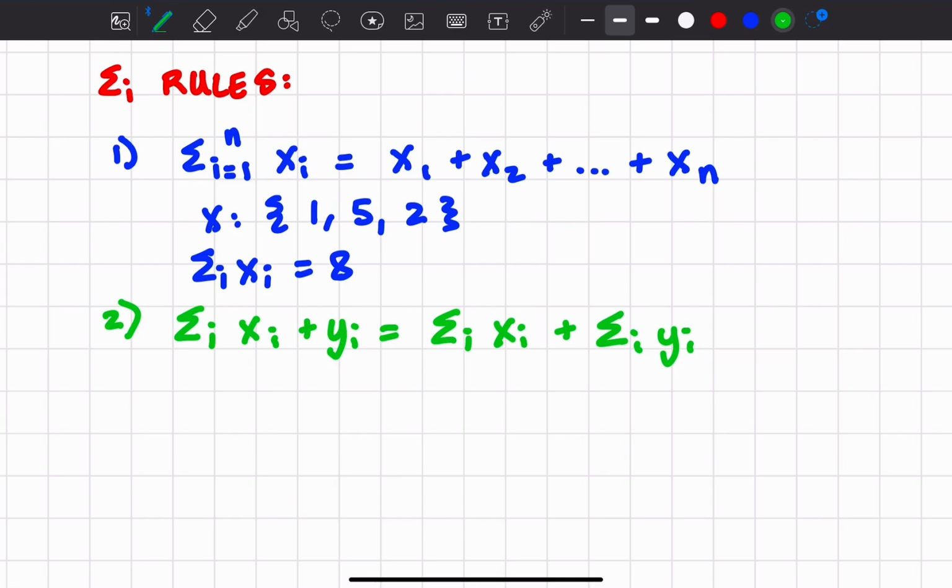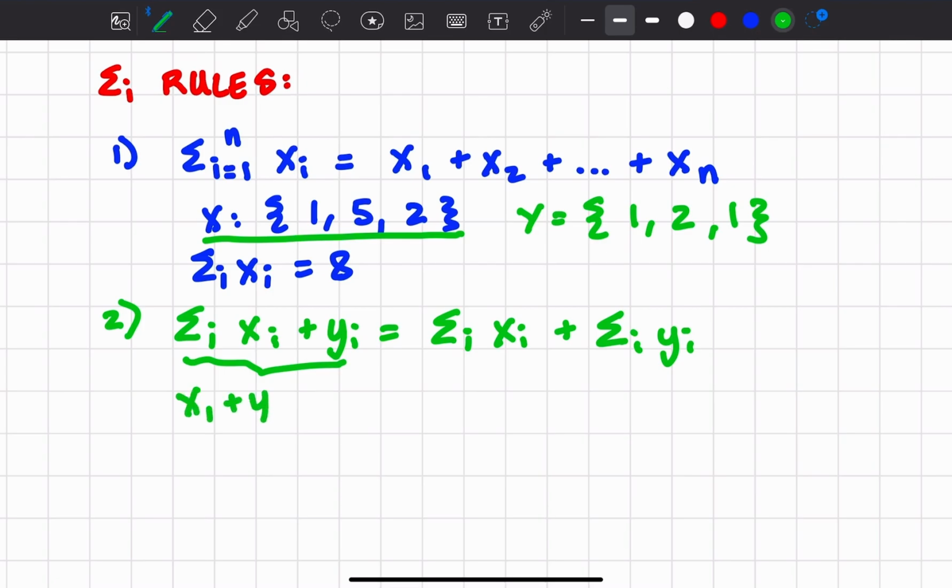So all that's saying is that if we have the same sample for x, and then we have a sample for y, and y is, let's keep the numbers small, 1, 2, 1, then to calculate sum i of xi plus yi, we can go, x1 plus y1 plus x2 plus y2 plus x3 plus y3 and on.